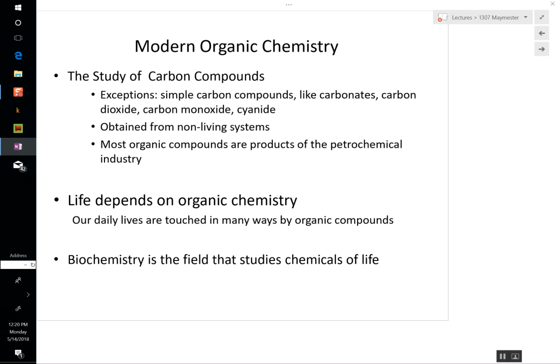biochemistry and carbon-based things like glucose. Carbon-based, comes from nature, but it's a carbon-based compound that's biologically active. So when we get into biochemistry, we're going to be looking at biologically active carbon-based compounds.